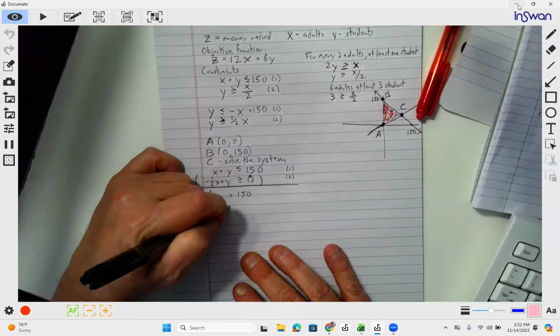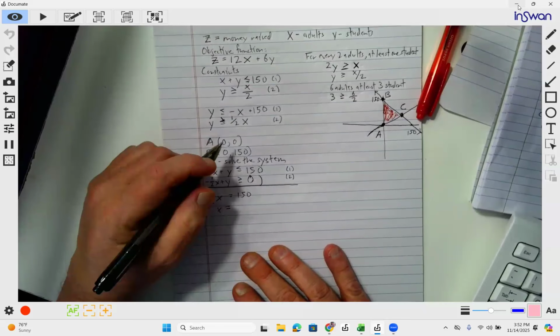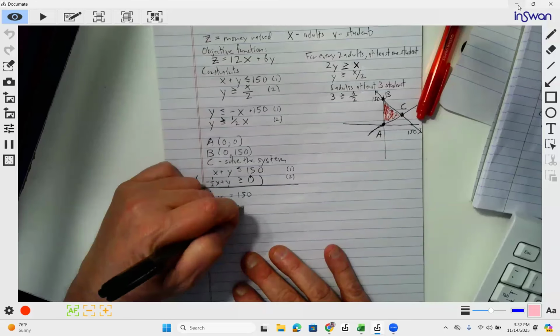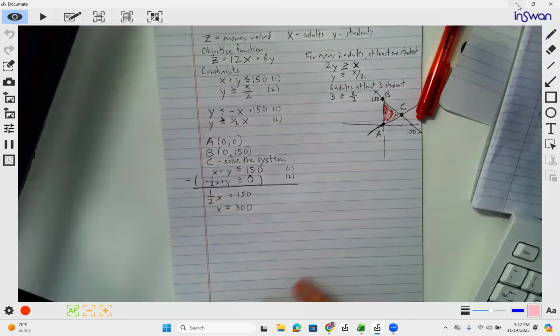So x is going to be equal to 300, if I did not make a computational error. Let me make sure I did not make a computational error.